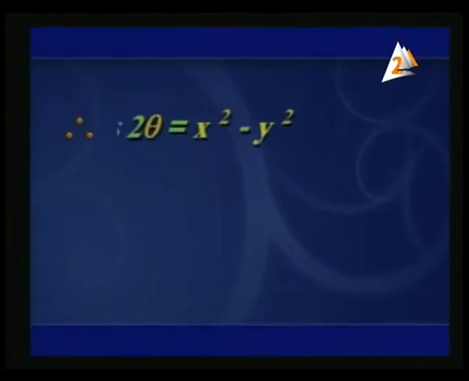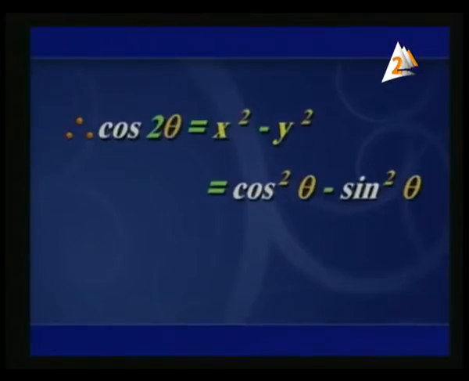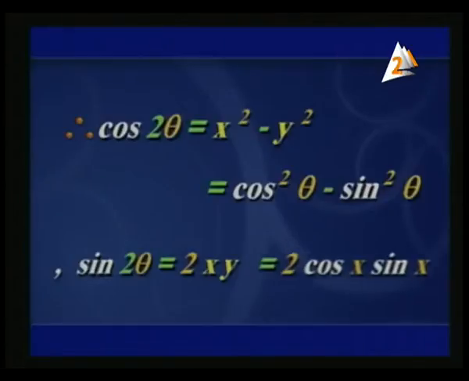Therefore, cosine 2θ equals x² minus y², equals cosine²θ minus sine²θ, and sine 2θ equals 2xy, equals 2 cosine θ sine θ.